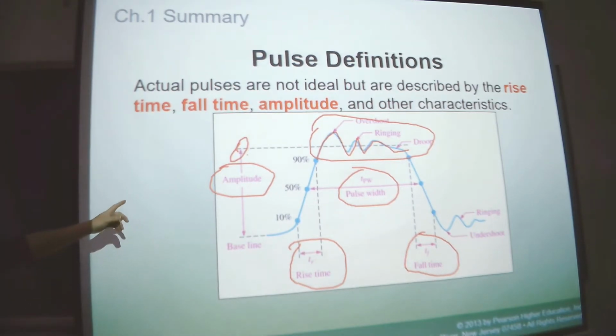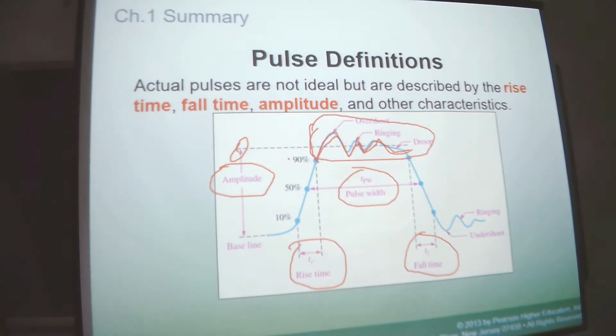And the high value is the mean value of this value. If we use a simple definition, we just call the amplitude the value difference between the lowest value to the highest value.